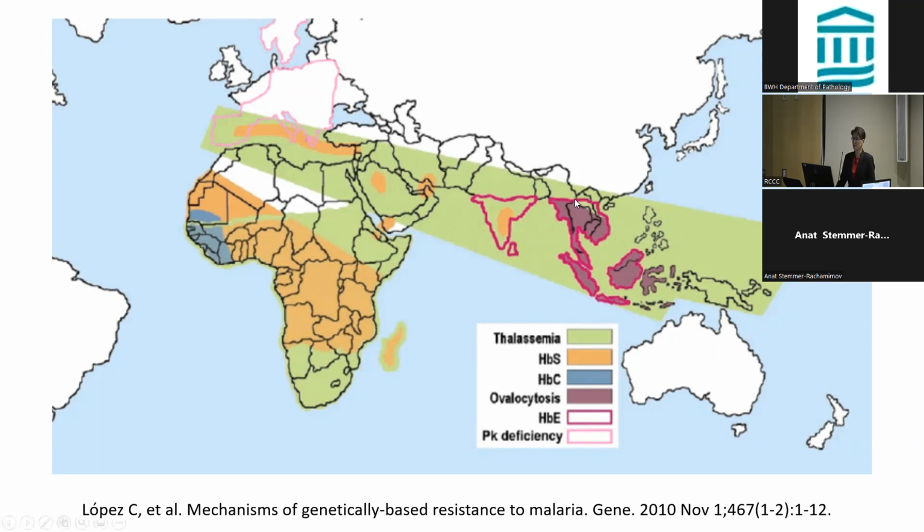So we can see here, this is a map showing the distribution of a variety of hemoglobinopathies. And as brilliant physicians and medical students, we all know that the hemoglobinopathies are associated with selective advantage in the heterozygote state for malaria. We can see here that we have a long stretch of thalassemia, which crosses from the continent of Asia into Europe, the Middle East, and parts of Africa.